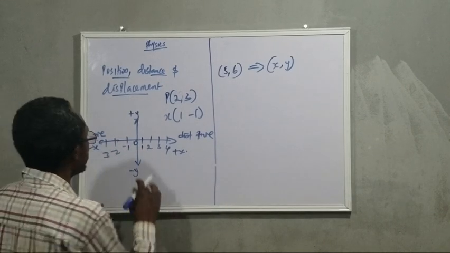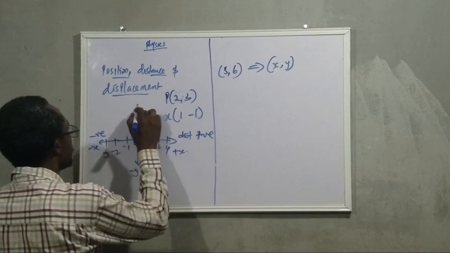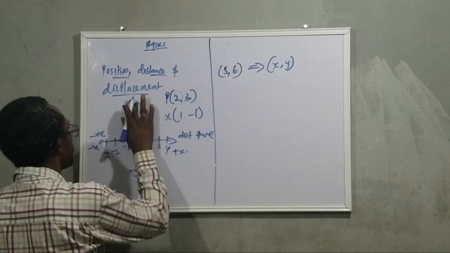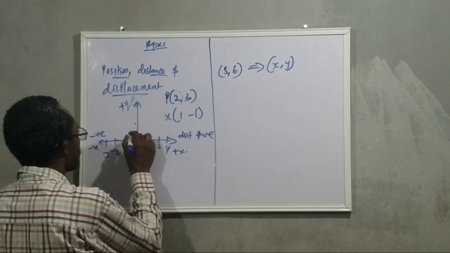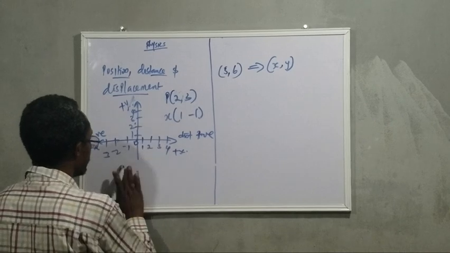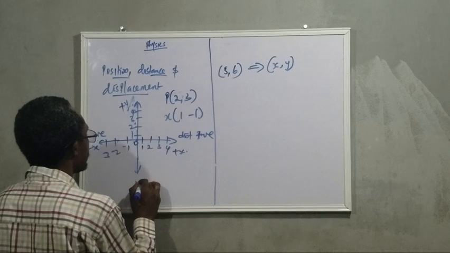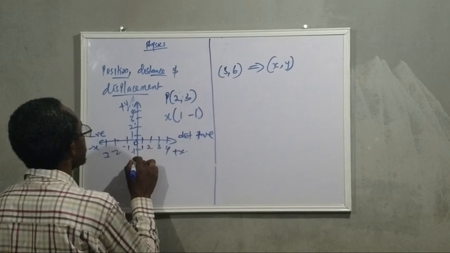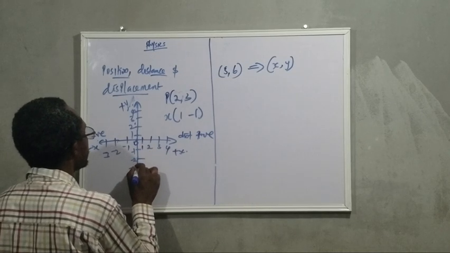Now, let's look at the vertical values. We have positive y: 1, 2, 3, 4. And on the negative axis, we have -1, -2, -3.